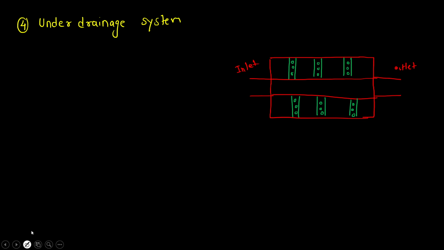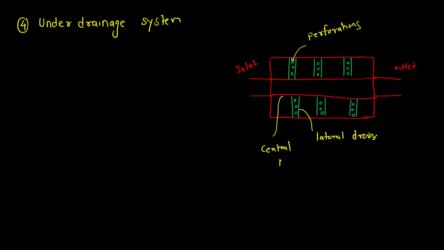Whatever the water is there, that water first enters into the openings that are called perforations. Through these perforations they enter into these lateral drains, and all these lateral drains connect to a central drain, and then the central drain takes the water outside.